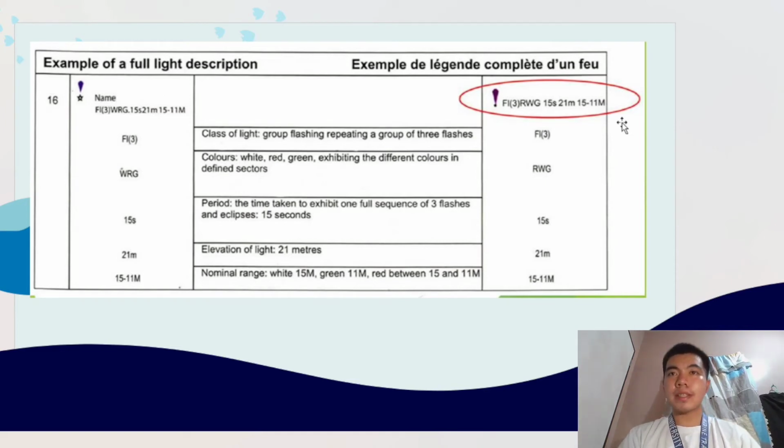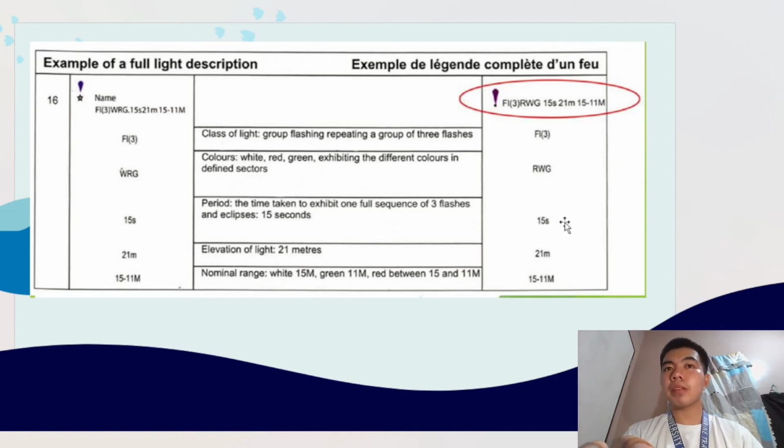So first is the FL(3), meaning a group flashing, repeating a group of 3 flashes. That is the class of light. Next, the RWG, the first letters of the different colors. So it shows white, red, green, exhibiting the different colors in the different sectors.